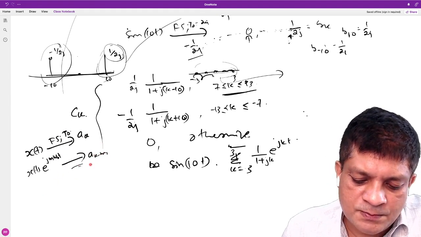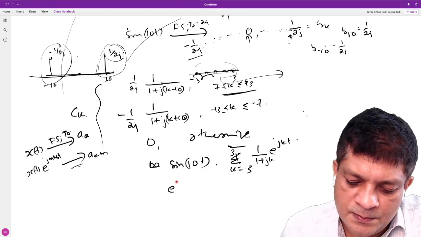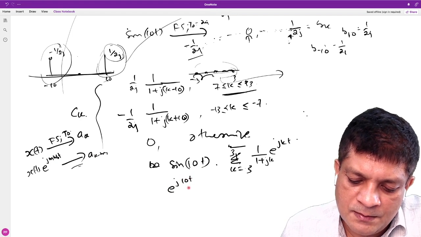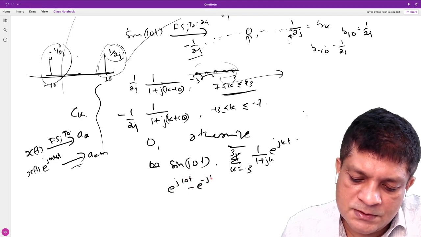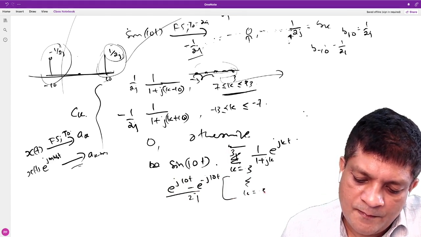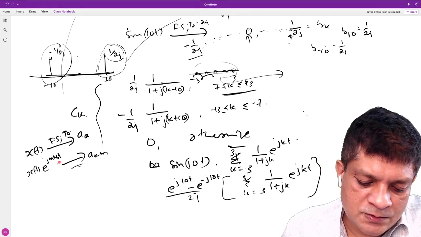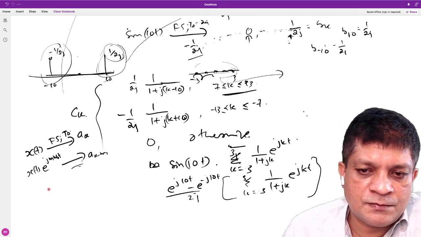So can we use this property here? We can write sine 10t as e to the power j 10t minus e to the power minus j 10t, divided by 2j. This is called the frequency shifting property.